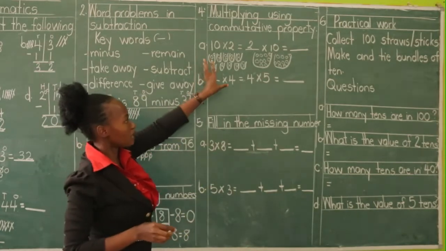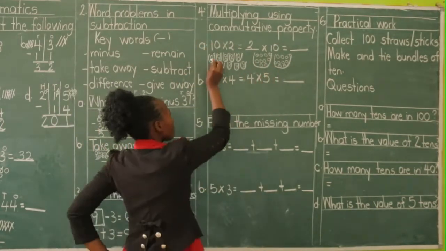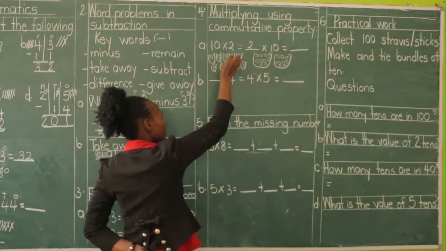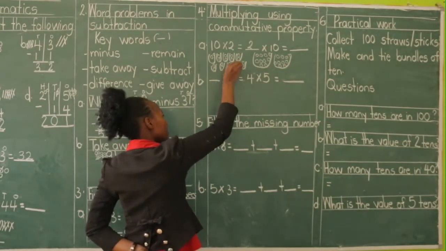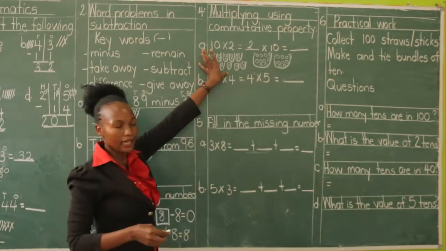Now let's add them so that the answer we get here is the same as the answer here. 1, 2, 3, up to 20. Here you've got the answer 20.